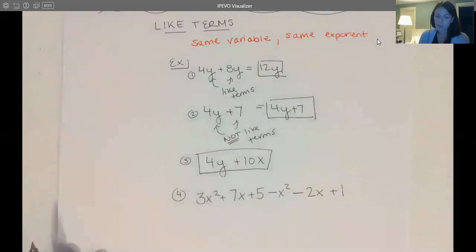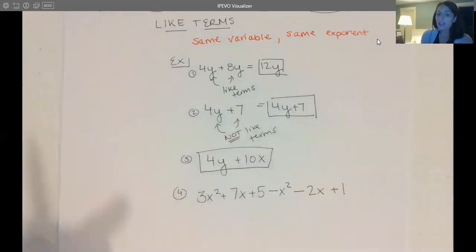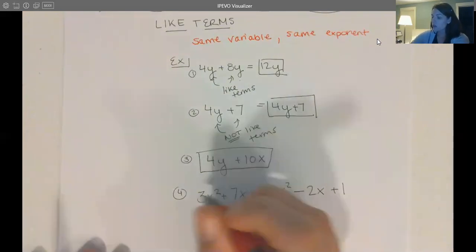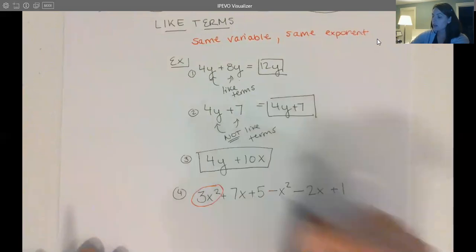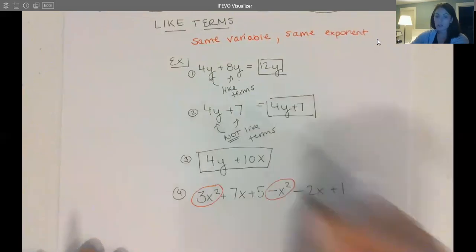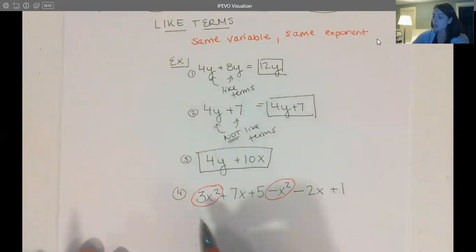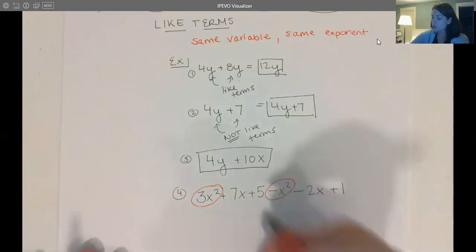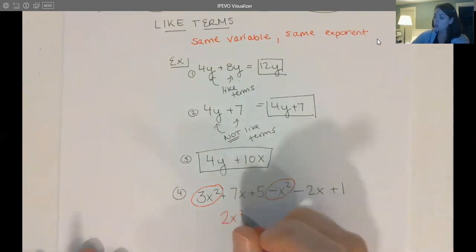Whew. Okay, so all sorts of terms here. I can simplify this expression by combining terms that are like terms. So I have 3x squareds here, and then I have negative 1x squared there. So all together, I have 2x squared. These terms can be combined.